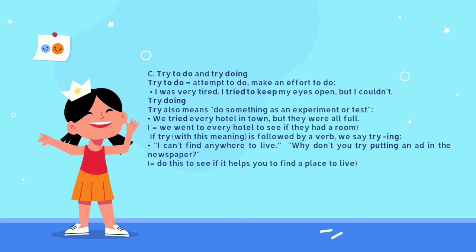Example, we tried every hotel in town, but they were all full. If try is followed by a verb, we say trying. I can't find anywhere to live. Why don't you try putting an ad in the newspaper? Do this to see if it helps you to find a place to live.